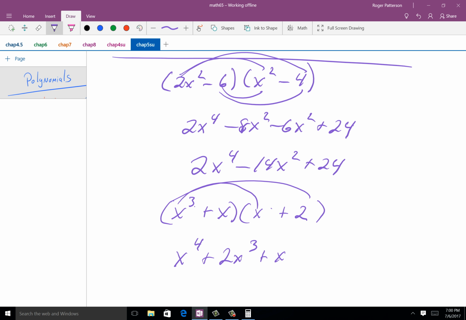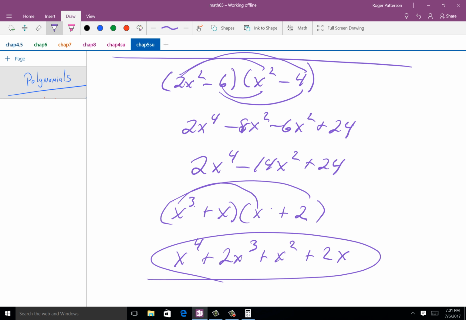Ah, they won't combine. There we go. Now the stuff in the middle doesn't combine at all. As long as none of those powers are the same, you can't combine it, and that's okay. I don't know if you'll see one like that, but there's an example of it. And that's FOILing.